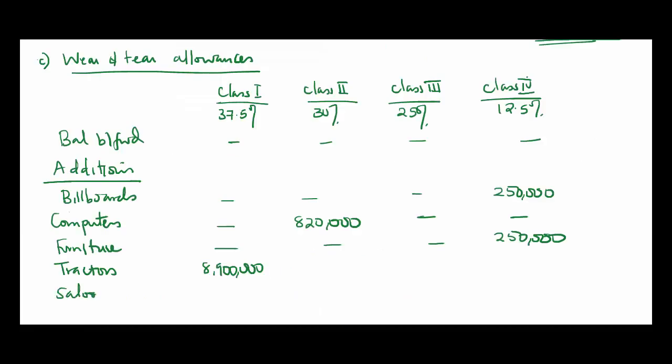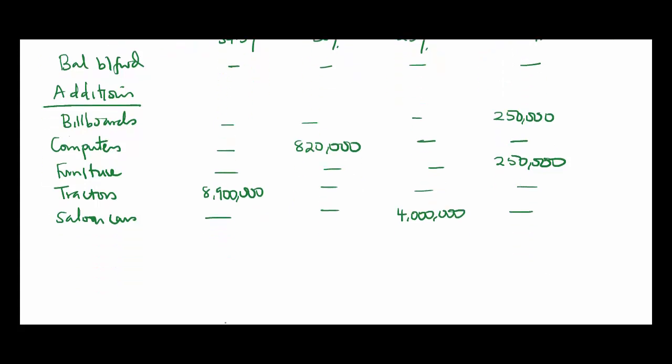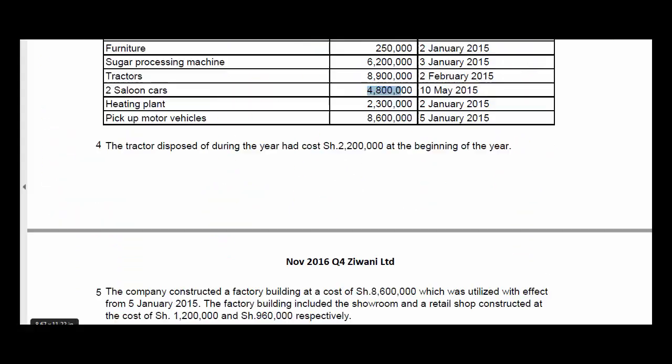So for the saloon cars, I'm going to take a restricted amount, which is equivalent only to 4 million. Heating plants, we have already considered that.